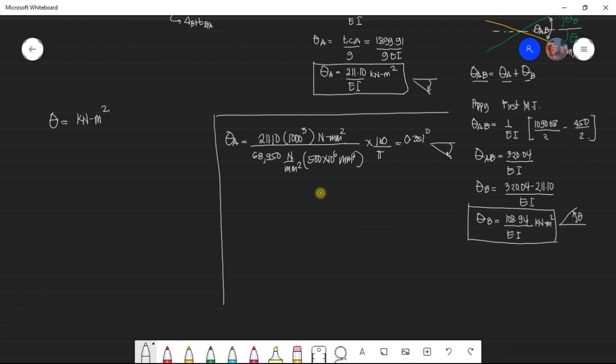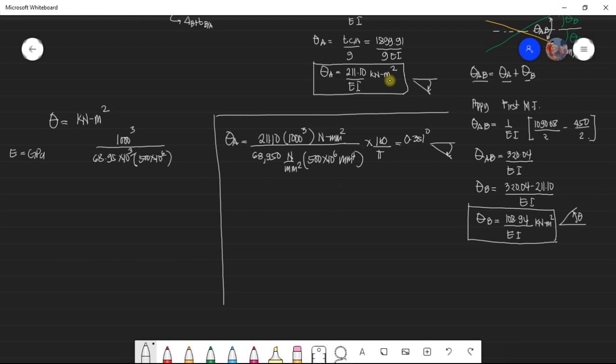Notice that our unit here is kilonewton meter squared. When I multiply by 1,000, that is 1,000 raised to 3, and for E in GPa, to become newtons we multiply by 10 raised to 3, and for I, 500 times 10 raised to 6.